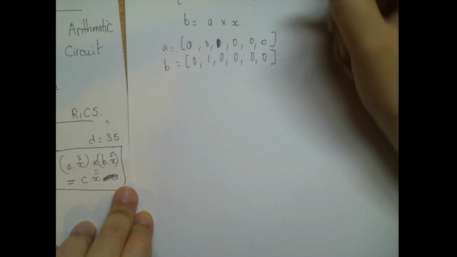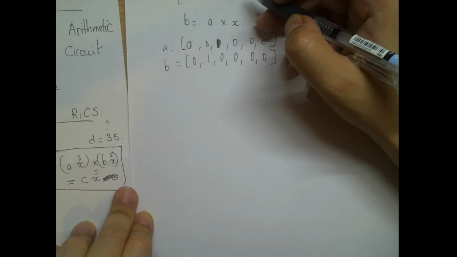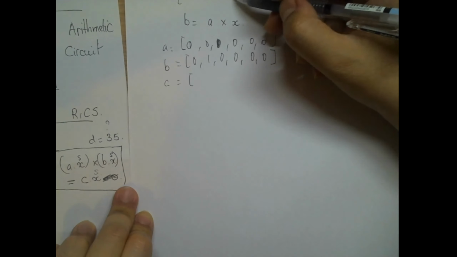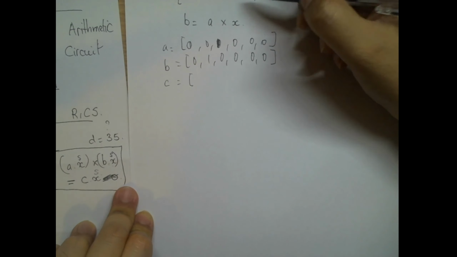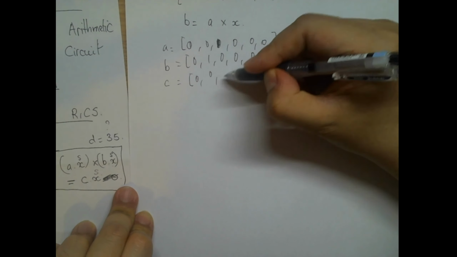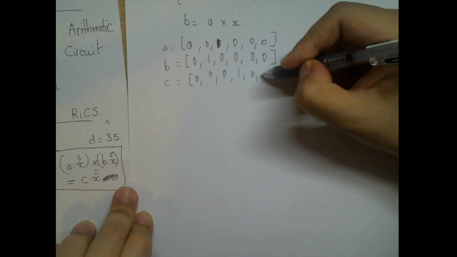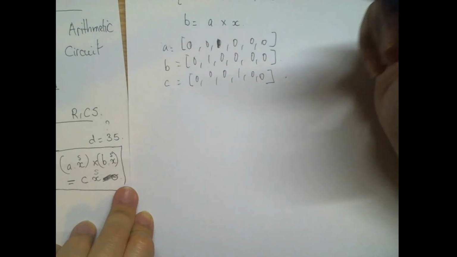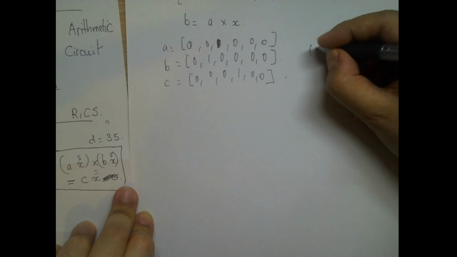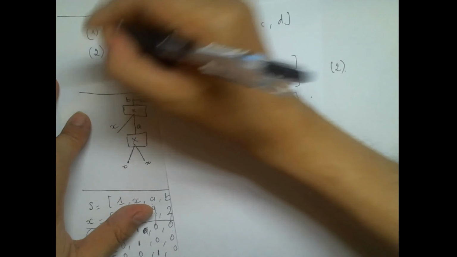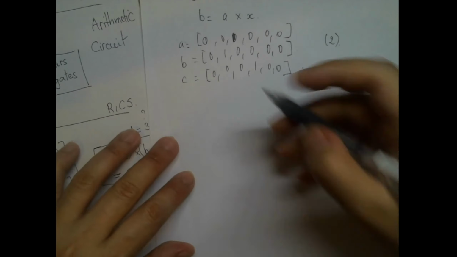Right, and then finally this should be equal to B. So C is going to be taking this value B only out of the wire. So it's going to be 0 here, 0, 0, 1, 0, 0. Right, so this second set of ABC is going to be our second equation.